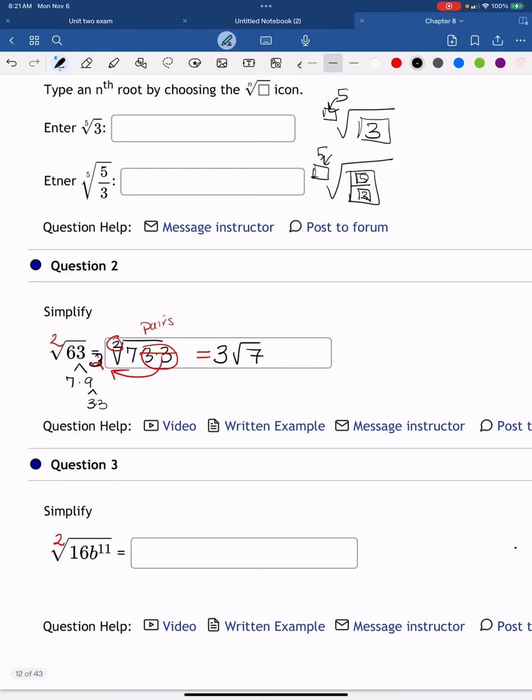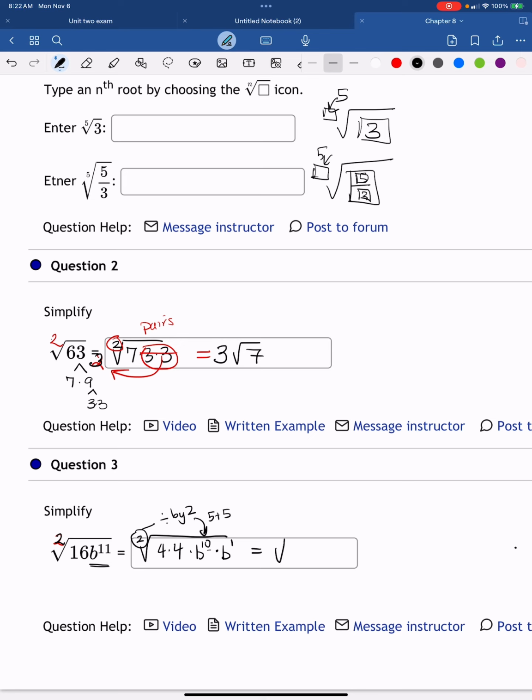The 16. One strategy, when they give you a variable or something with a power, if I'm needing 2, I would rewrite this as 16 is 4 times 4, and then b to the 11th is b to the 10th times b to the 1, because I know 10 is divisible by 2. And here I'm looking for divisible by 2, so 10 can be 5 plus 5.